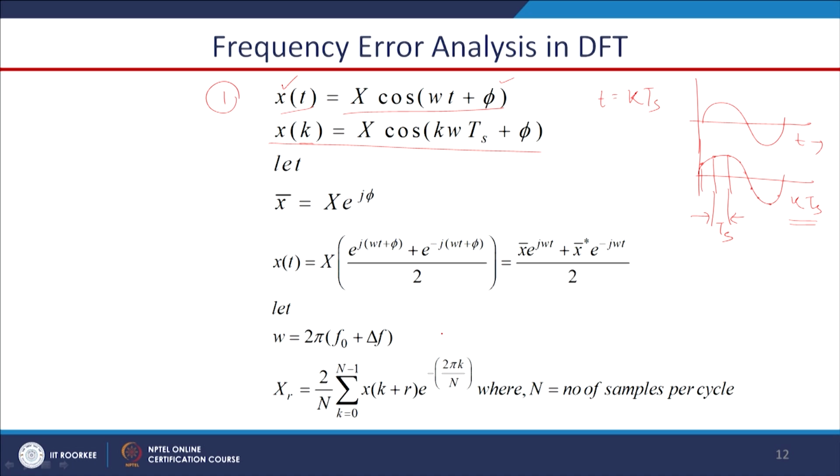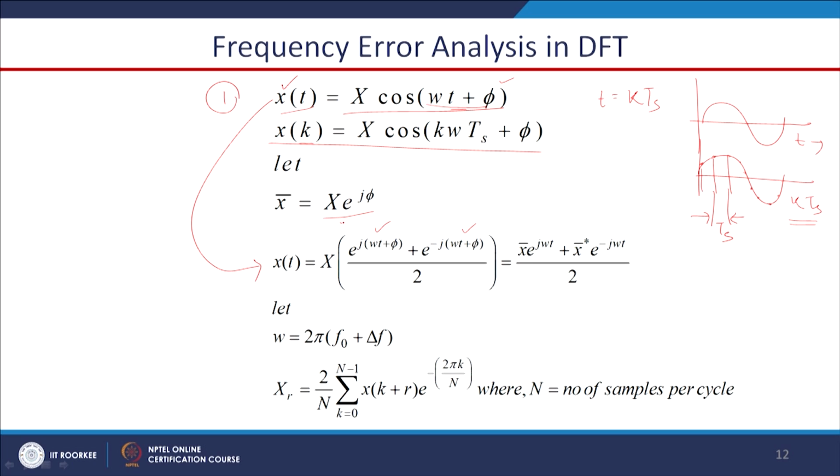Now, for this particular signal, we will denote x bar as capital X times e to the power j phi. Now, by rewriting this x(t) in exponential form, we decompose it like cos theta equals e to the power j theta plus e to the power minus j theta, divided by 2. In that form, with theta being omega t plus phi, the first term will be e to the power j(omega t plus phi), plus e to the power minus j(omega t plus phi).